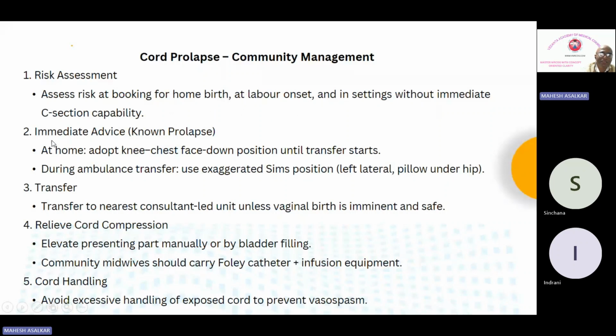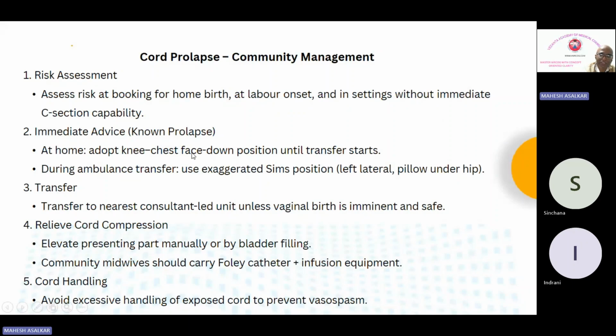Okay, then immediate advice, if there is a cord prolapse, then at home adopt knee chest face down position until transfer. Okay, so if the ambulance is yet to come, then the position will be knee chest face down position. Okay, during the ambulance transfer, it will be exaggerated Sims position, left lateral, pillow under the hip.